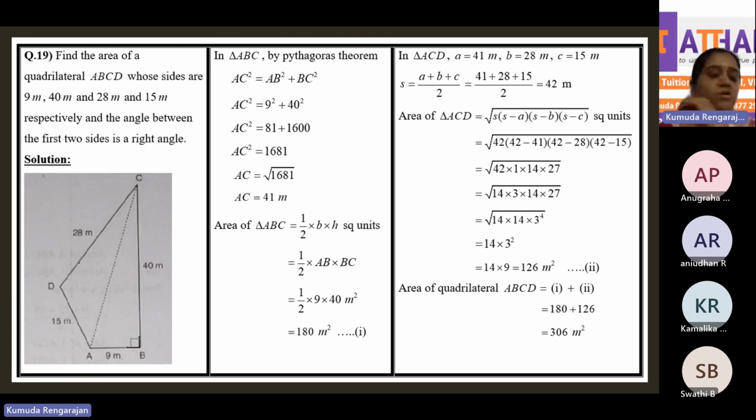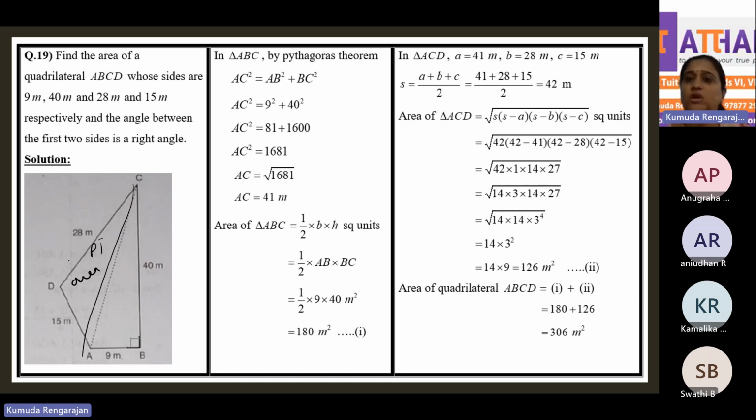When I went around, the one common mistake I saw was that children are trying to use Pythagoras theorem, because your mind says we have to find the area of this triangle, so use Pythagoras theorem in this triangle to find AC. But you must tell your mind that ADC is not a right triangle.